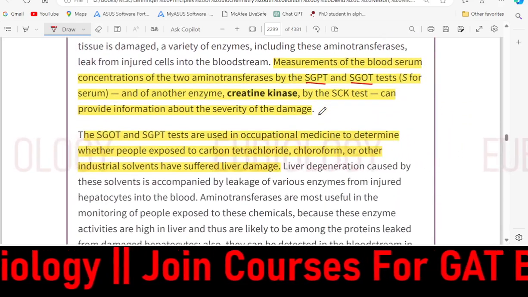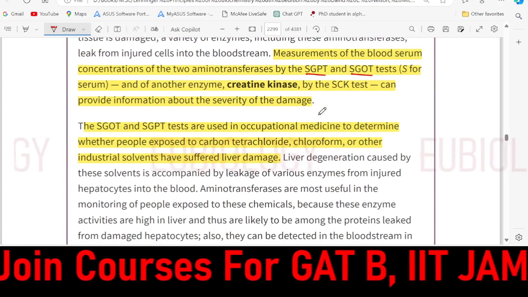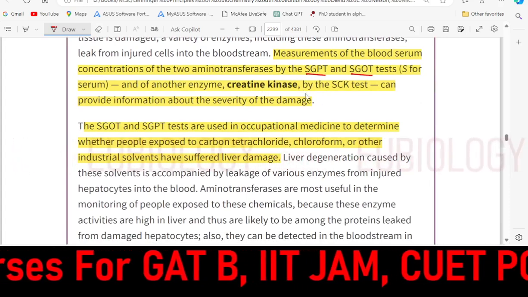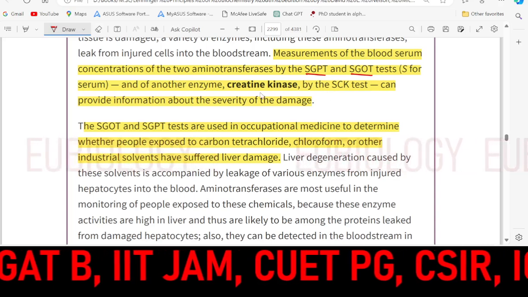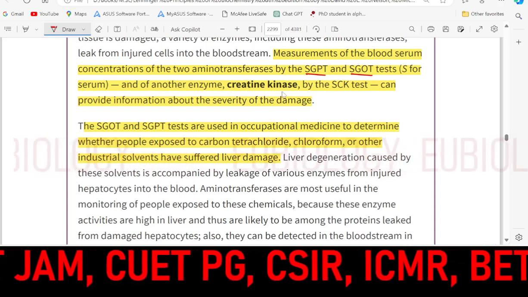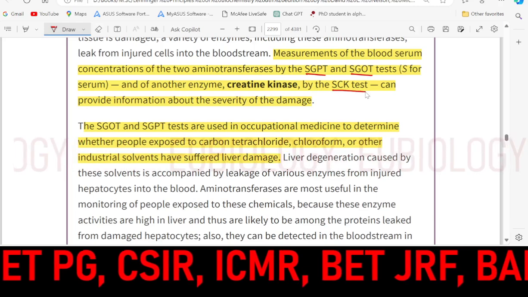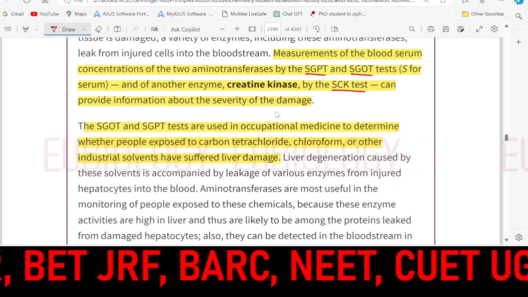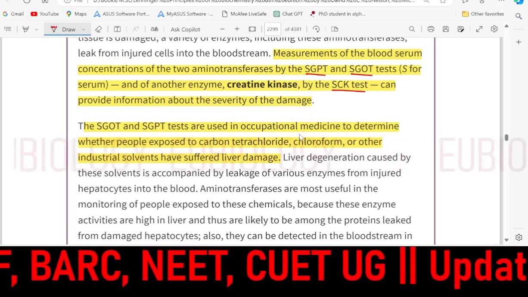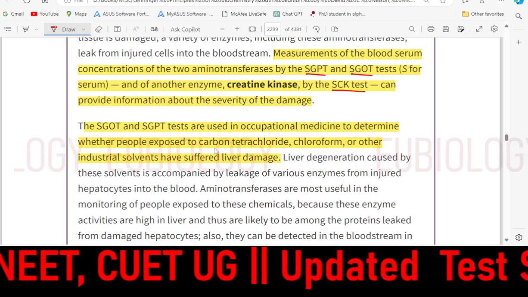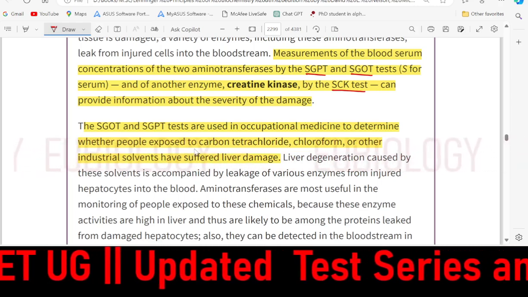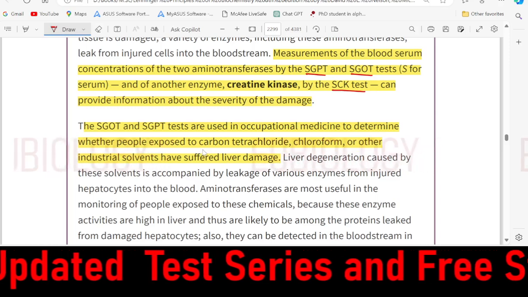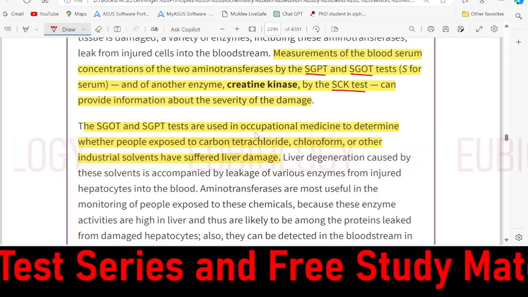Now there is one more enzyme, creatine kinase. If you want to see the level of creatine kinase, you have to do the CK test. It can provide information about the severity of the damage. This damage can also tell you more important things, like by which chemical it happened.